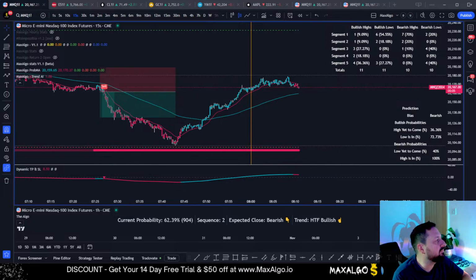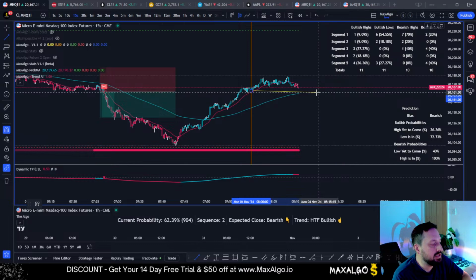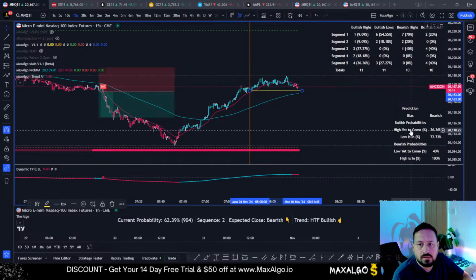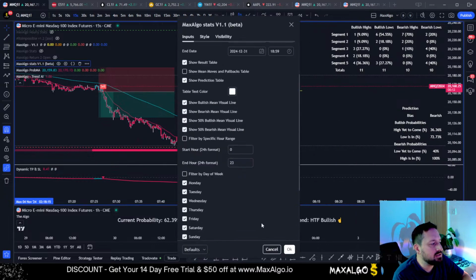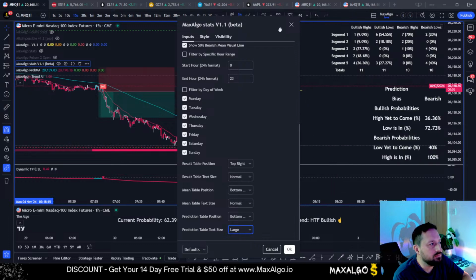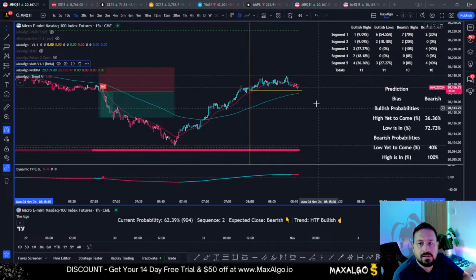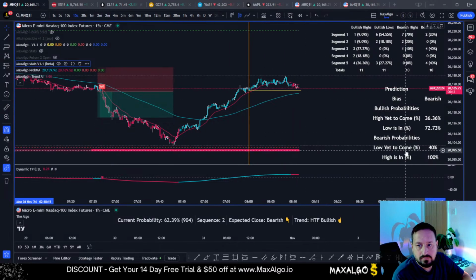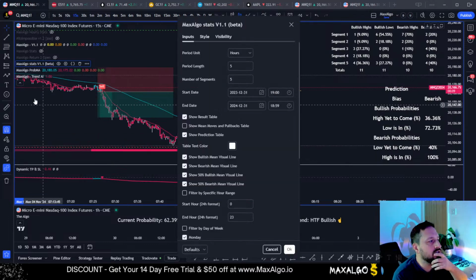Let's see. Right, so there's our low. So let me increase the size of this. Okay, so what this is showing us now, obviously when we break this low, if we're bearish, hang on, I need to change this to 1 hour.